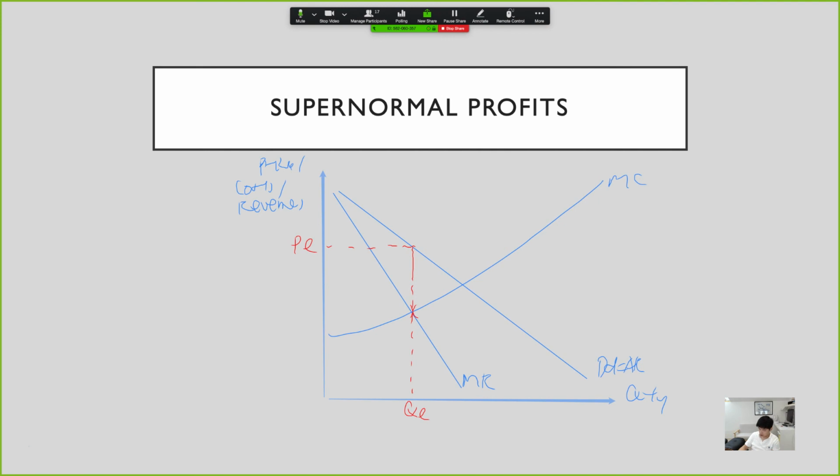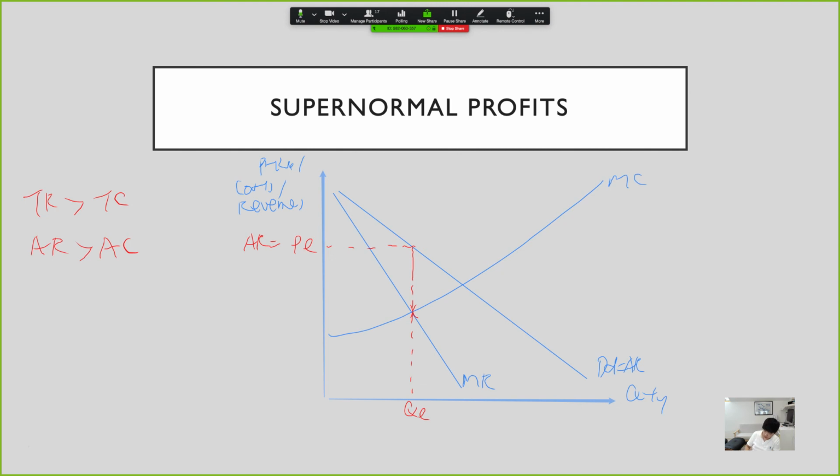Now how to draw supernormal profits? Supernormal profits is achieved when your total revenue is greater than your total cost, or when your average revenue is greater than your average cost. Your average revenue is also your price, right? So you just need to make sure that your average cost curve cuts below the average revenue.